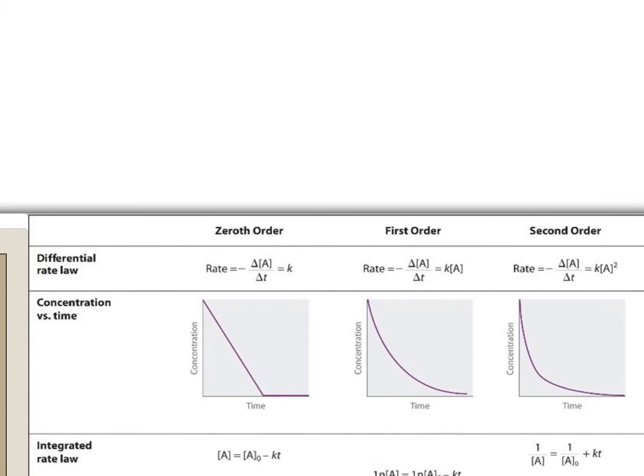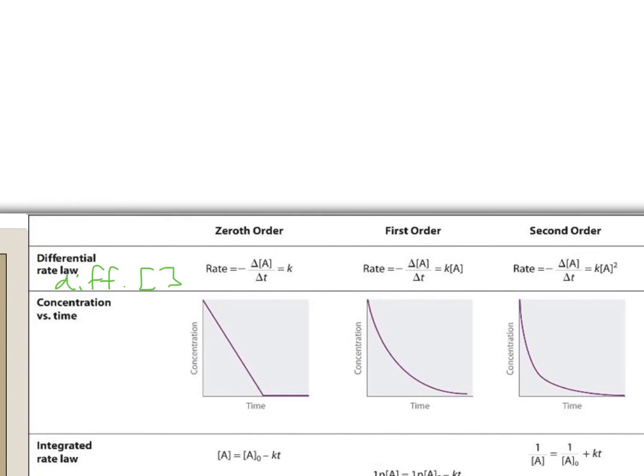Remember that differential rate law means different concentrations. That's how we're calculating using differential rate law. We use different concentrations. Whenever you have these, it's just concentration over time, and concentration over time.